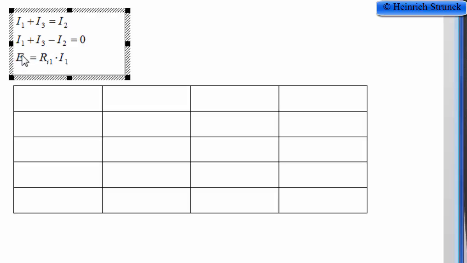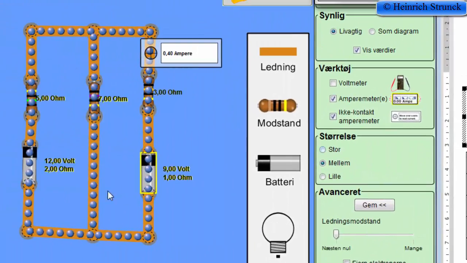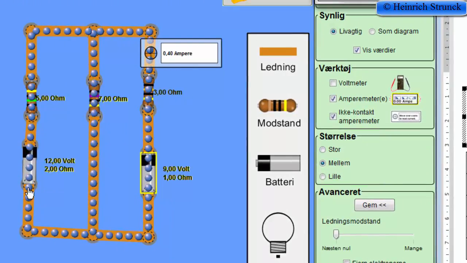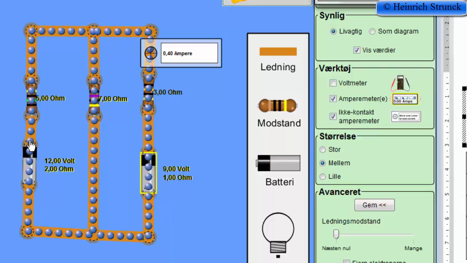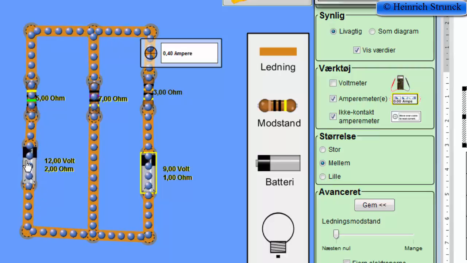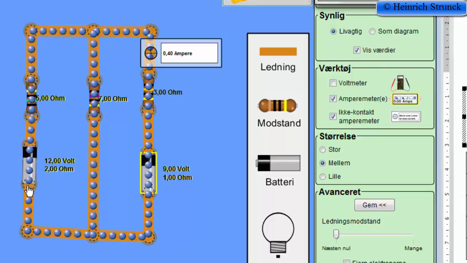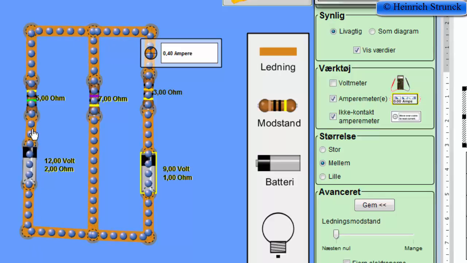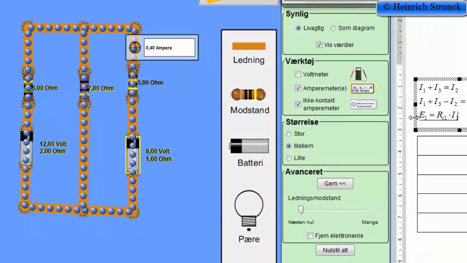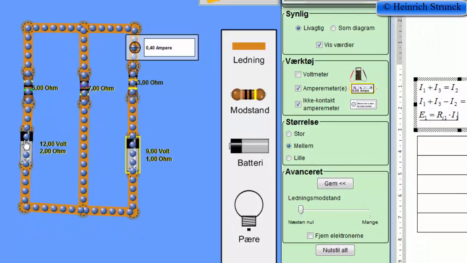We have to decide if these values are positive or negative. For the electromotive force, we go from negative to positive. It means that here we go in a positive direction, and then E1 should be positive.